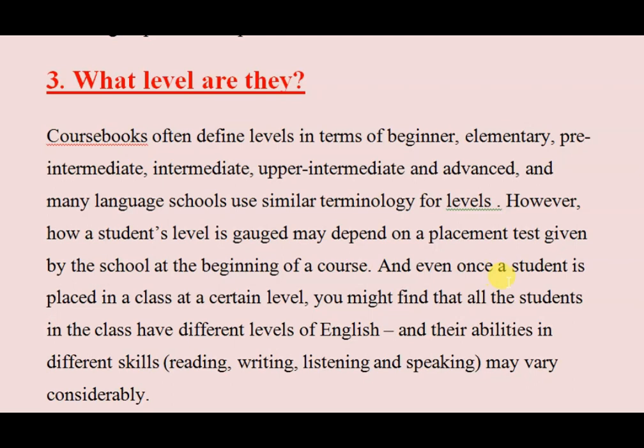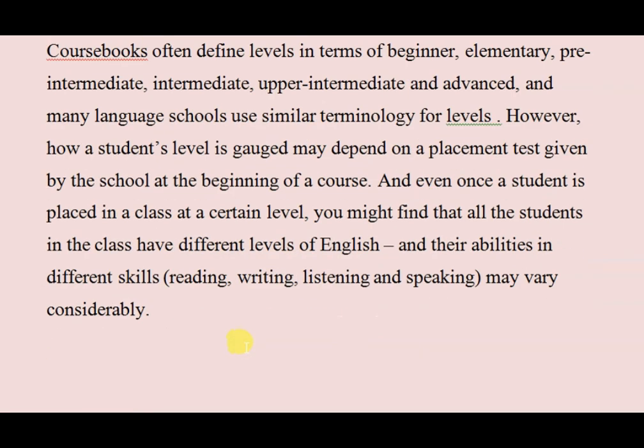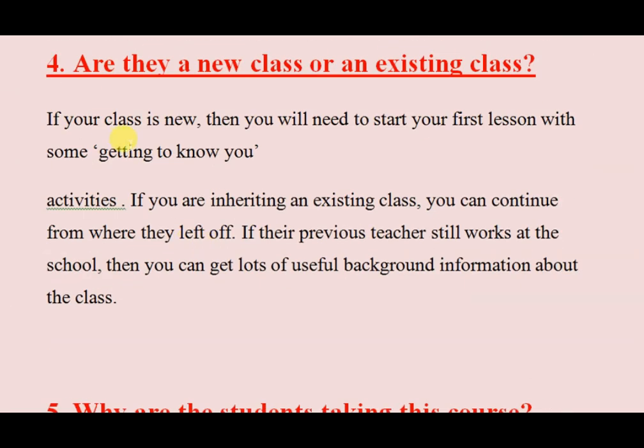And even once a student is placed in a class at a certain level, you might find that all the students in the class have different levels of English, and their abilities and different skills, reading, writing, listening and speaking, may vary considerably.